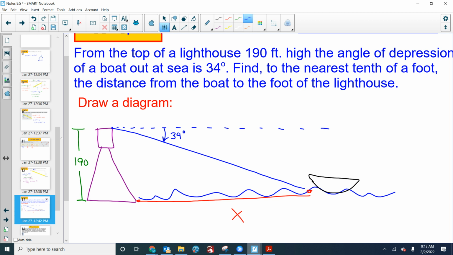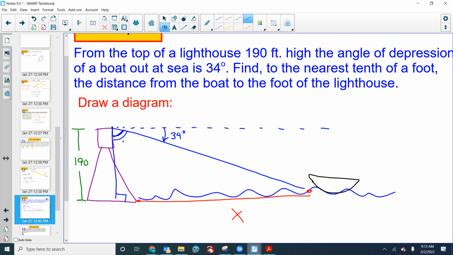That's not an angle in our triangle that we want, is it? Because look, here's our right triangle. This is 190. This is X. I want that angle right there. What is that angle? 56.